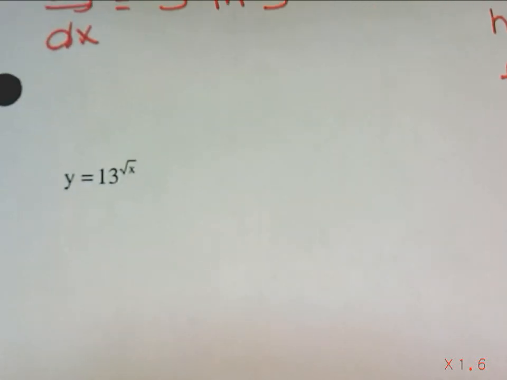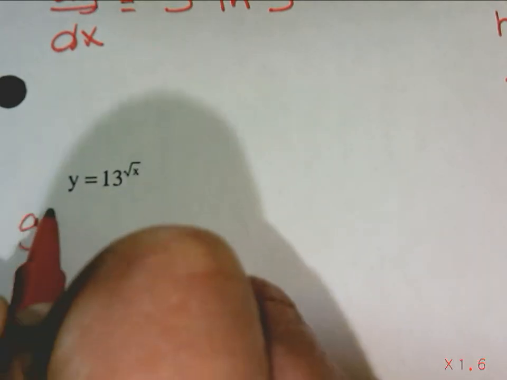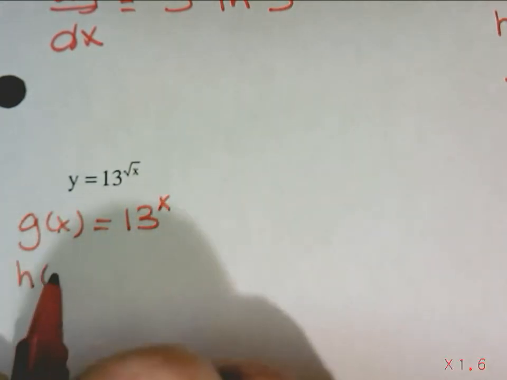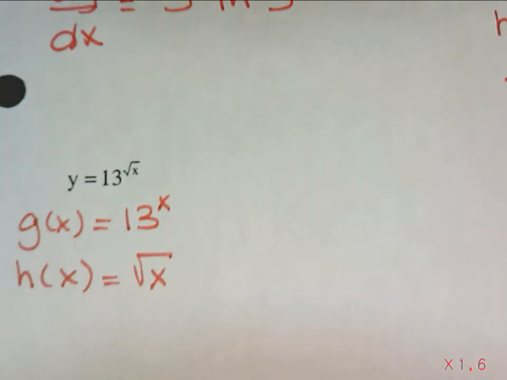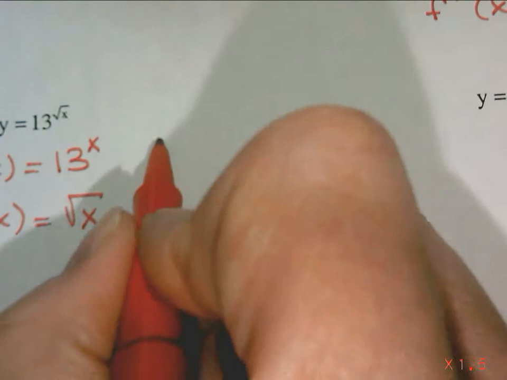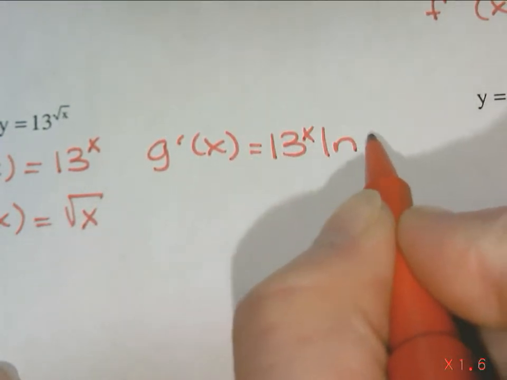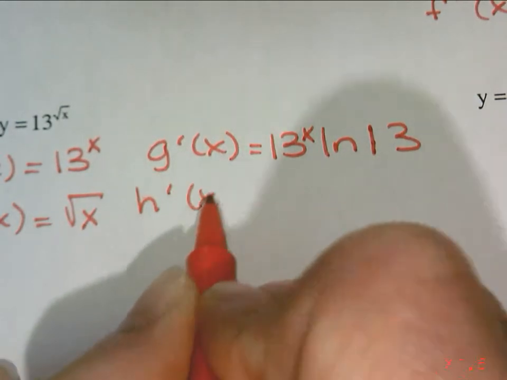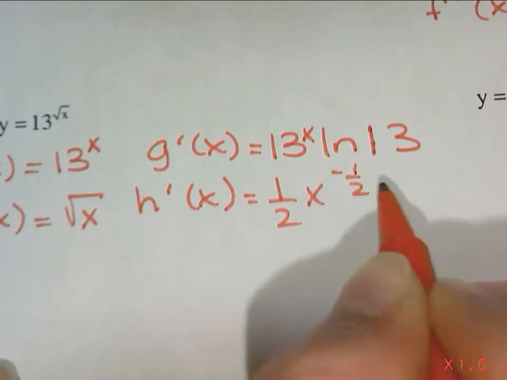Let's look at another one. For example, 13 to the power of root x. I can say that the outside term is 13 to the x, and the inside term is root x. Well, the derivative of this is 13 to the x ln 13. And the derivative of this is 1/2 x to the negative 1/2.